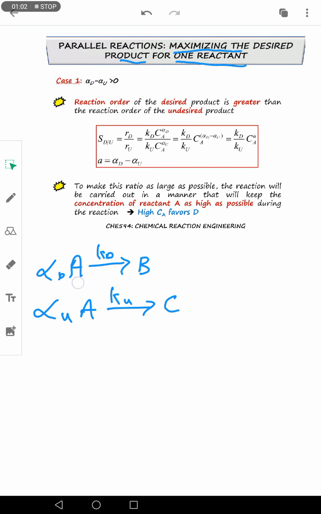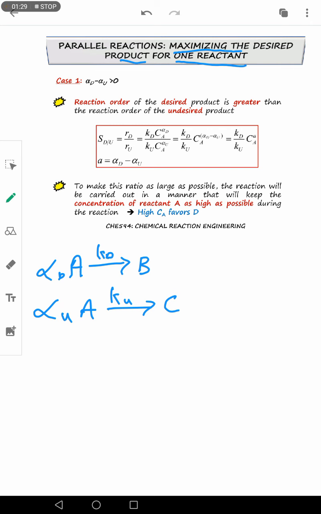reaction. So the stoichiometric coefficient for the desired reaction may be alpha D, and the coefficient for the undesired one is alpha U. The rate constant for the desired reaction is Kd. For the undesired reaction, the rate constant is Ku.